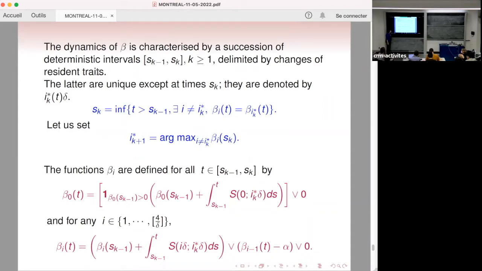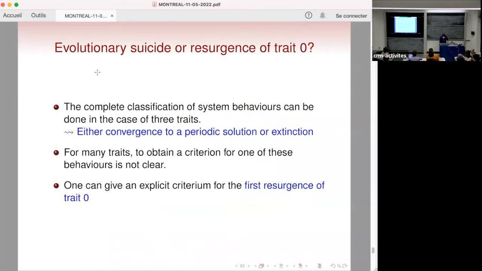And here i star of k is the trait which is at some point the dominant trait. And for beta_i, you have to add the term which arises from mutation, which is the exponent of the population size with the trait immediately before the trait i, so i minus 1, times minus alpha, which corresponds to the mutation. Okay, so you have some expression for this exponent.